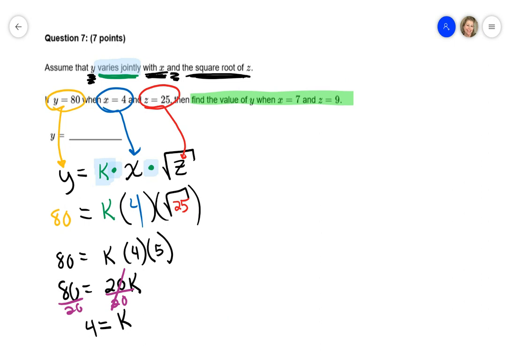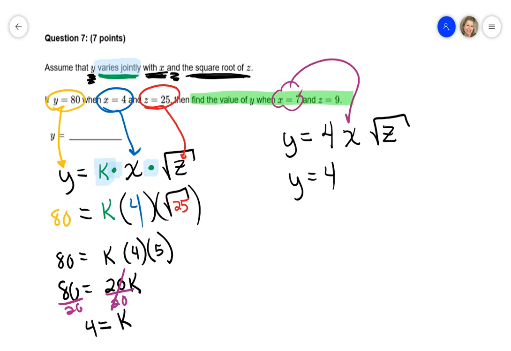So I can come back now and say y is equal to 4 times x times the square root of z. And I've got numbers that I can plug in for x. They said that x was 7, so that's going to go right here. So this will be times 7. Sorry, color coding gone wrong.